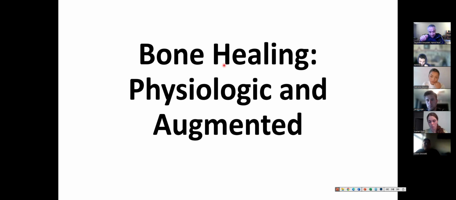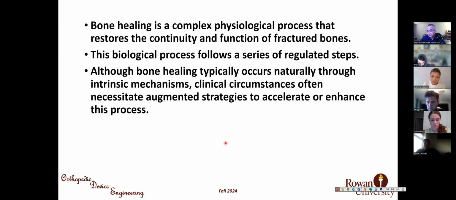So this is a basic concept, and you must know it in detail to be familiar with different mechanisms and different concepts in it and how we use it. And since bone healing is a physiological mechanism, like any other physiological mechanisms in our body, sometimes it may be slow or it may be delayed. That is why we need to augment it. So let's see what we do.